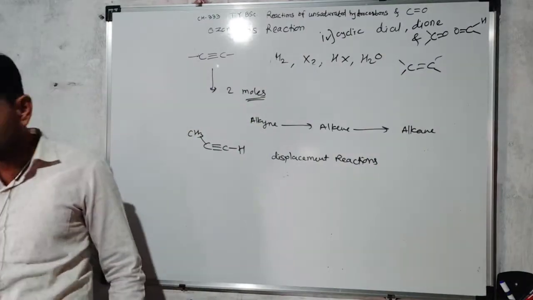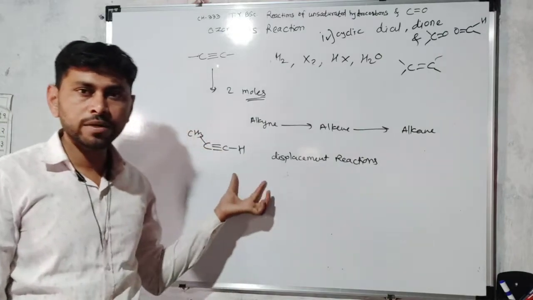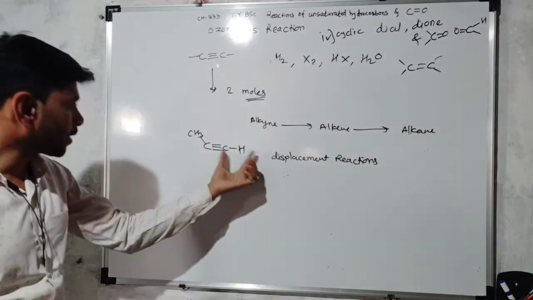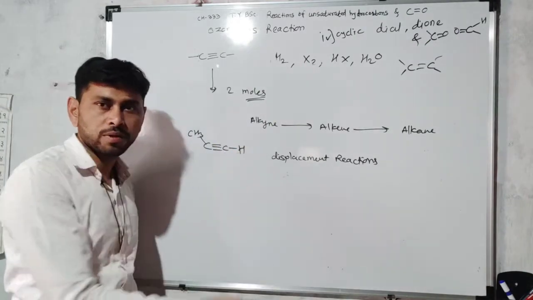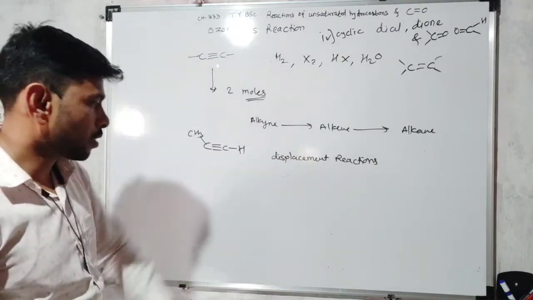Displacement reactions are possible due to some acidic character of this hydrogen. Due to the carbon-carbon triple bond, it has some acidic character, due to which removal of this hydrogen is possible by using some metal reagent or another reagent, and a displacement reaction occurs.